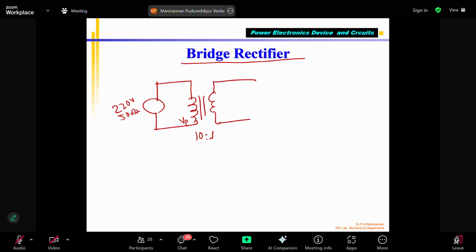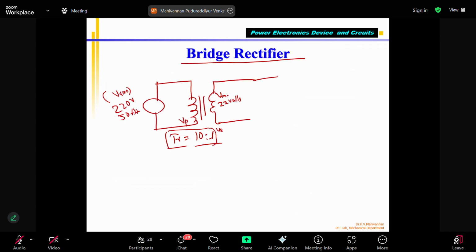This is VS, the secondary voltage. TR, the transformer ratio, is 10:1, so here you will get 22 volts. Again, please note that these are called VRMS voltages. This is also VRMS, but it is a step down transformer, 10 times reduction, 220 to 22.